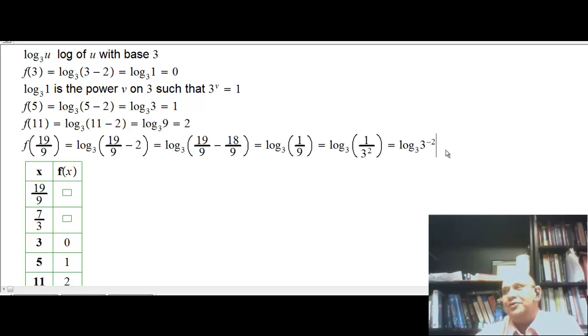I told you it's a silly question. 3 to the negative 2 is 3 to the negative 2, isn't it? So what would this value be? Negative 2. Let's check. So log of 1 over 9 with base 3 is negative 2, right? Why? Because 3 to the negative 2 is 1 over 9, isn't it?